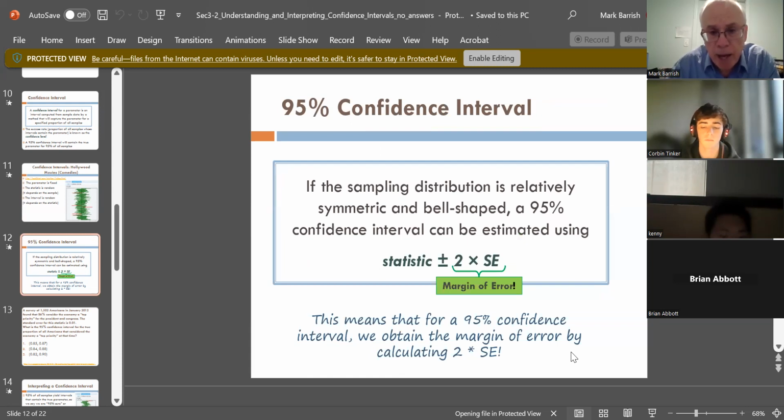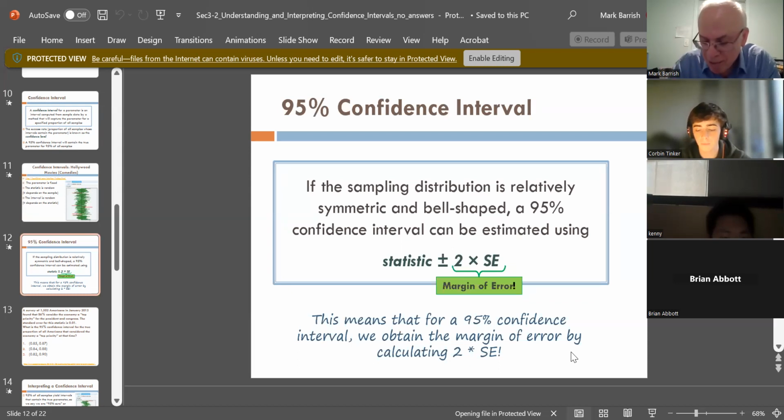We also said that if the sampling distribution is relatively symmetric and bell-shaped, a 95% confidence interval can be estimated using this formula, the statistic plus or minus 2 times the standard error. Now, the standard error, once again, is the standard deviation of the sampling distribution. In the example of the playing cards, that was the 1.624.